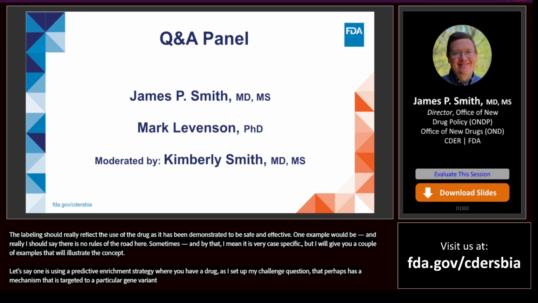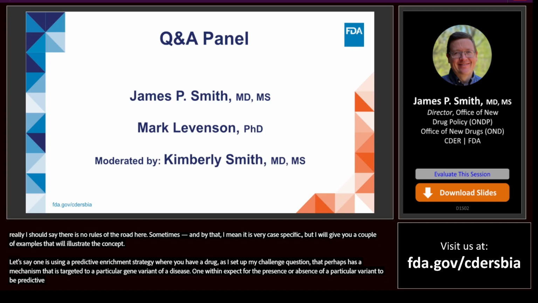Well, one would then expect the presence or absence of a particular variant to be predictive of whether that drug would work. And if that is in fact the case, then the labeling would very appropriately be limited to the patients for whom you expect the drug to work. And this can be a little bit difficult because it's not always obvious.